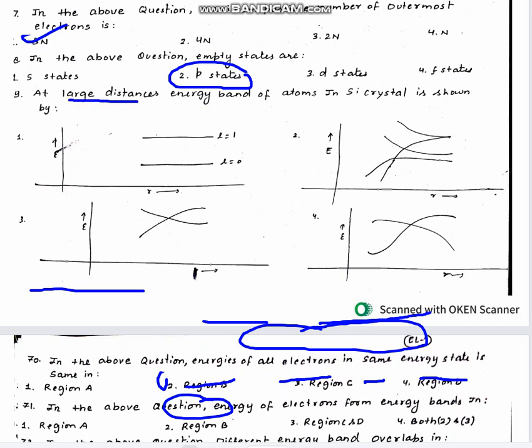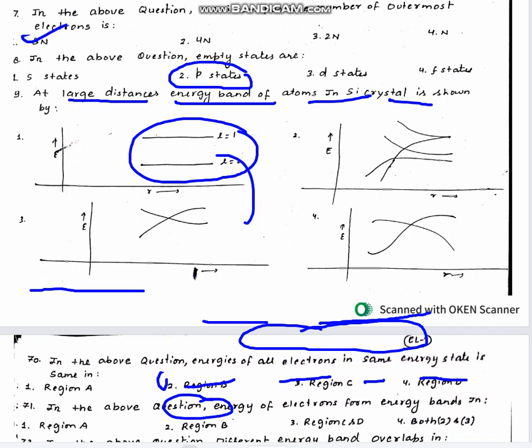Next is: at large distances, the energy levels of atoms in a silicon crystal are shown by, if the distance is large, certainly there will be split energy levels, and it is given by 1 for large separation. Next is: in the above question, the energy of all electrons in the same energy state is the same in, so this can be decomposed into 4 regions.